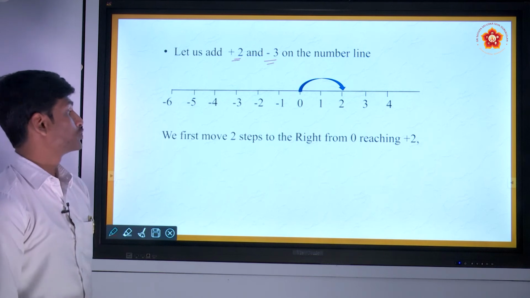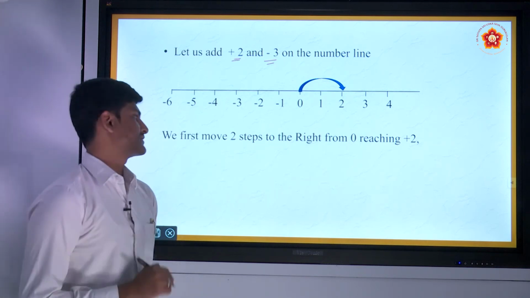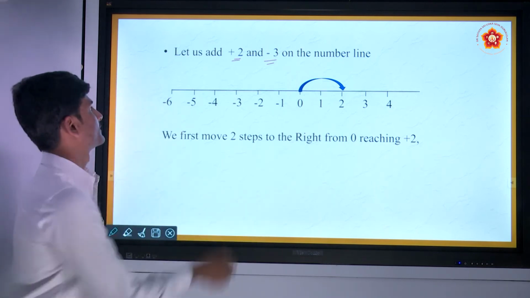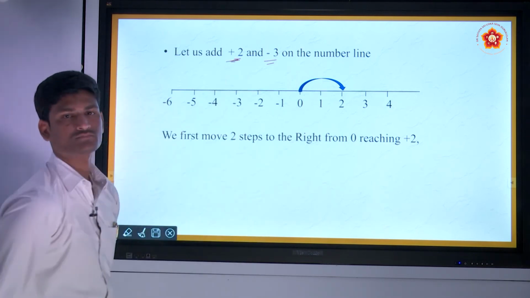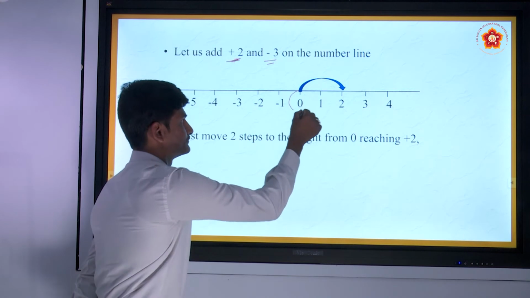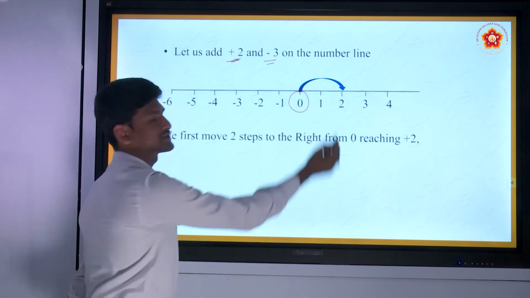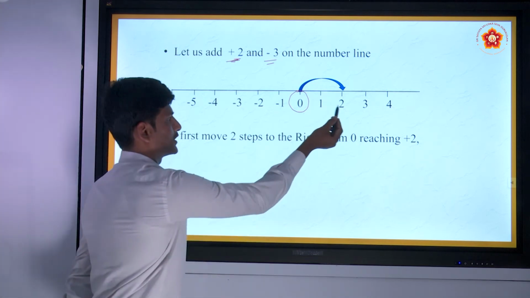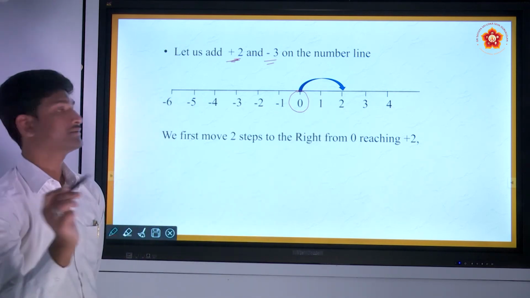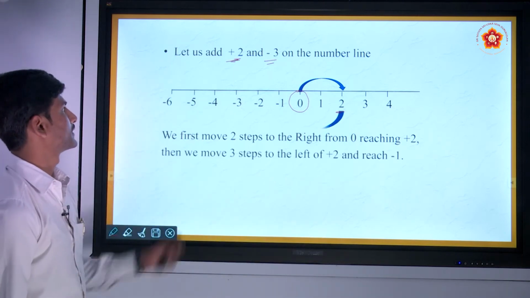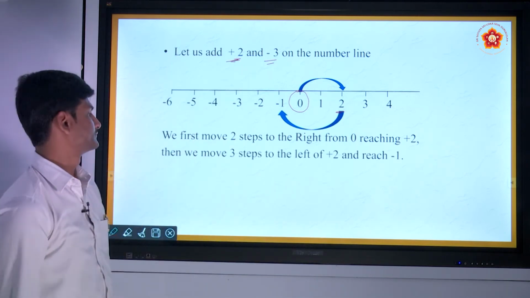We first move 2 steps to the right from the 0, reaching plus 2, right? We start from 0, right? We move 2 steps, 1 and 2, reaching plus 2, and then minus 3.